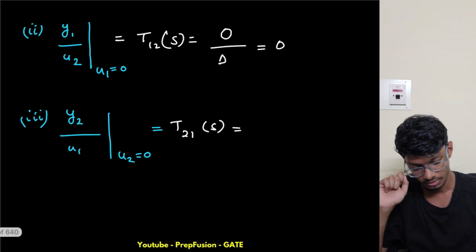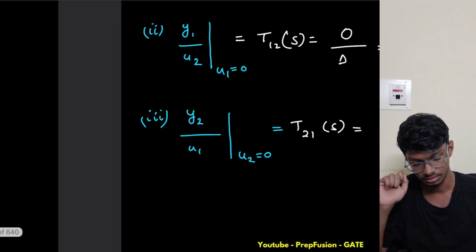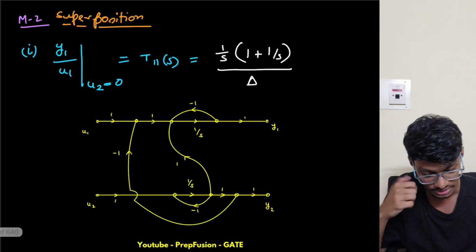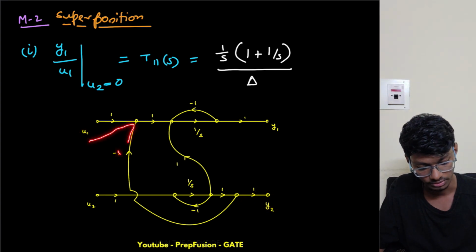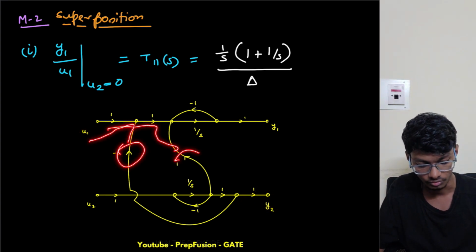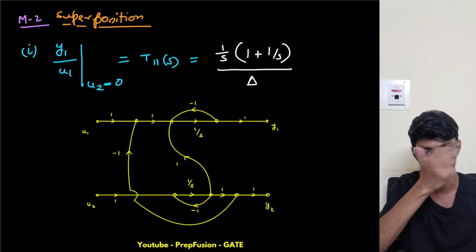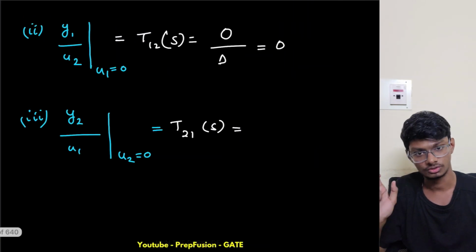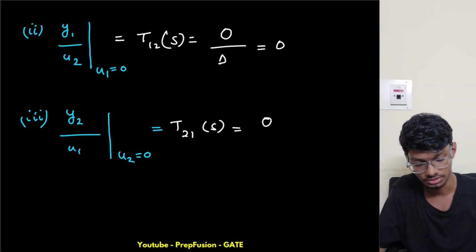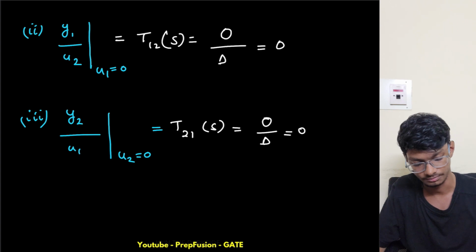So I have to go from u1 to y2. Is there any forward path? From here, no, this is opposing the flow. From here, no, this is also opposing the flow. From here, I'm going out of place. I won't be able to reach y2. So I don't have any forward path, and this is 0 by delta, so this is 0 only.